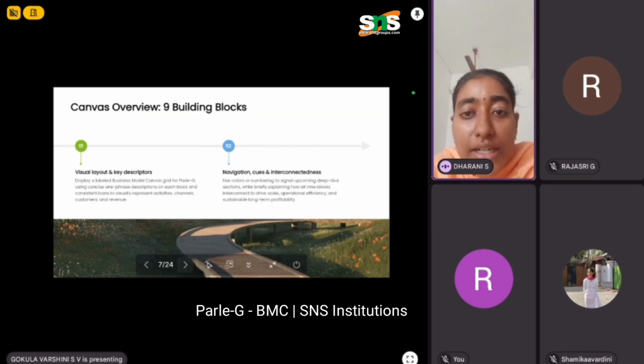Navigation and interconnectedness: these use colors or numbering to signal the upcoming deep dive sections, while briefly explaining how all 9 blocks are interconnected to drive scale, operational efficiency and sustainable long-term profitability.